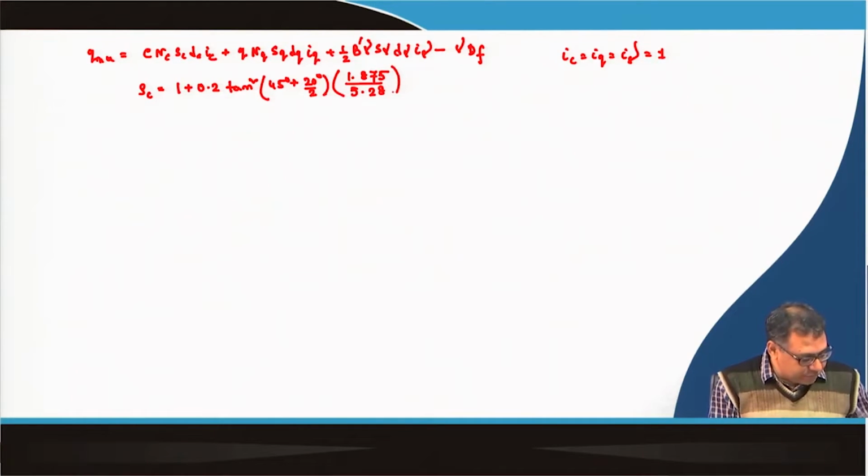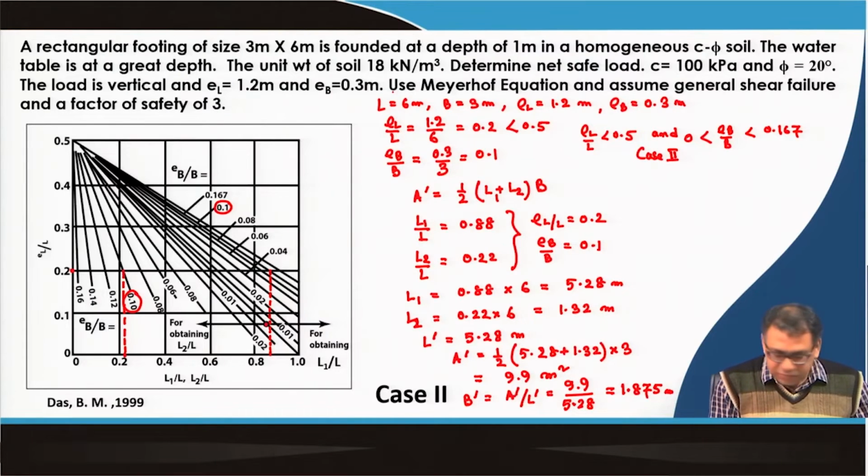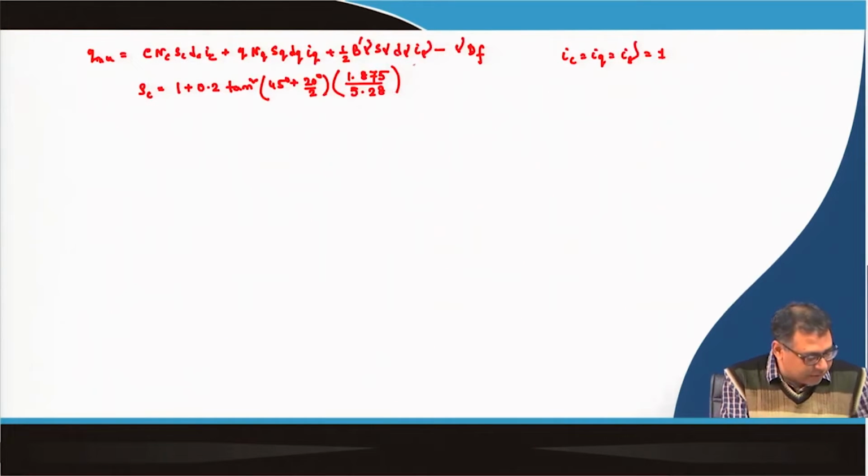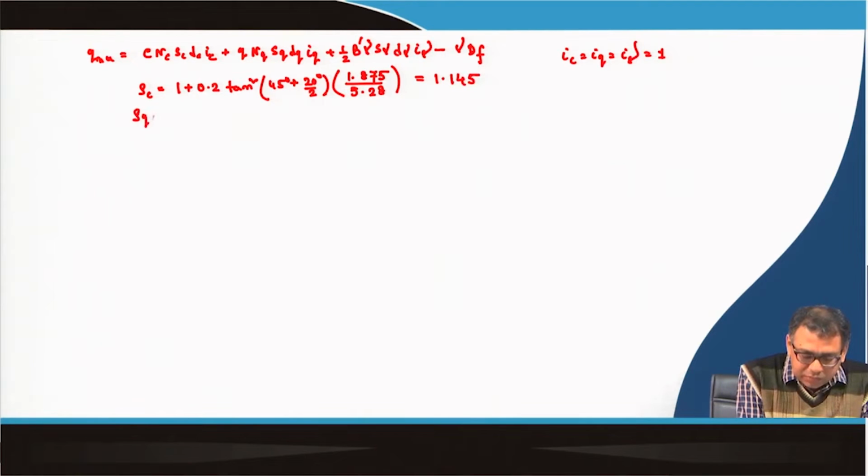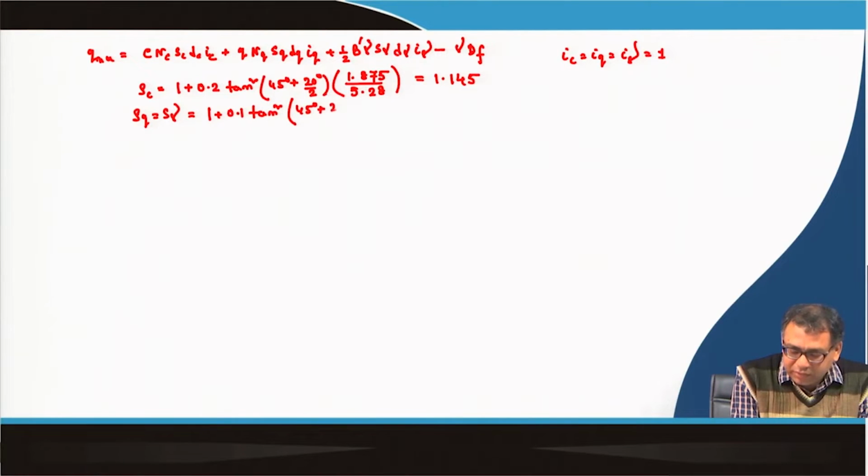So, now this value will be 1.145. Similarly, Sq will be equal to S gamma is 1 plus 0.1 tan square 45 degree plus 20 degree by 2, and this is B dash by L dash, 1.875 divided by 5.28, which is equal to 1.072.